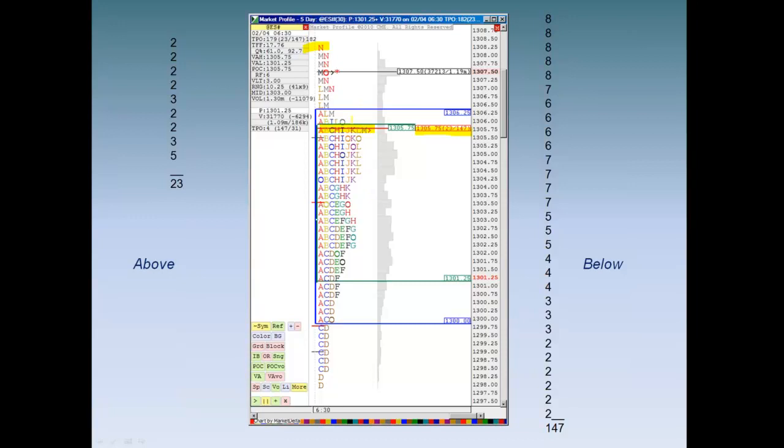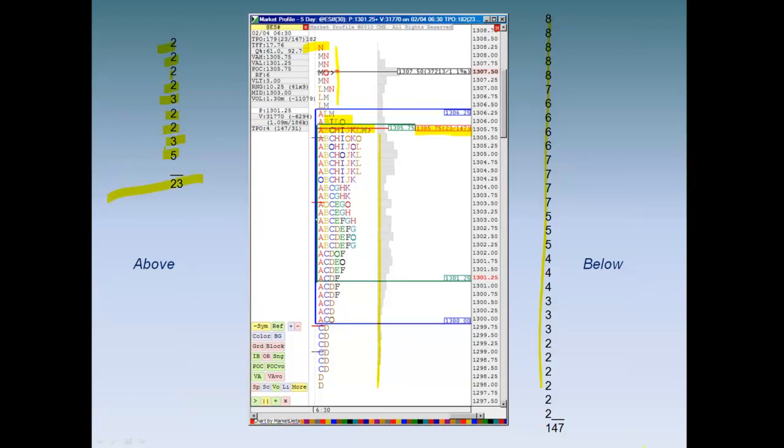So if you begin with the line right above it, we have 5 TPOs, then 3, 2, 2, 3, 2, 2, 2, 2. And this is the column, the 2 columns right up here. That's how they break out. And similarly, if you look at all the columns down here and all the TPOs, this is how they break out below.